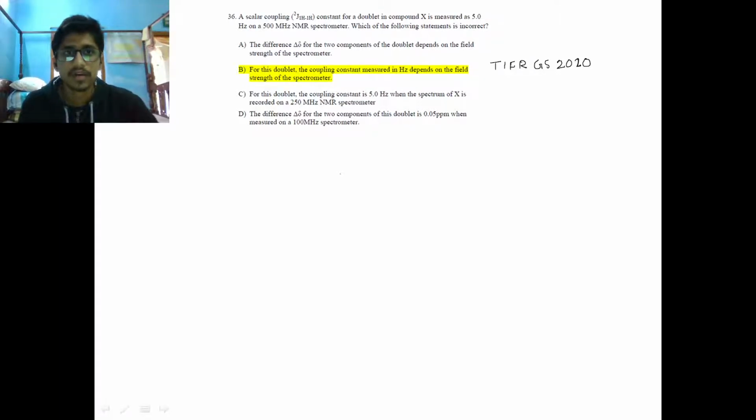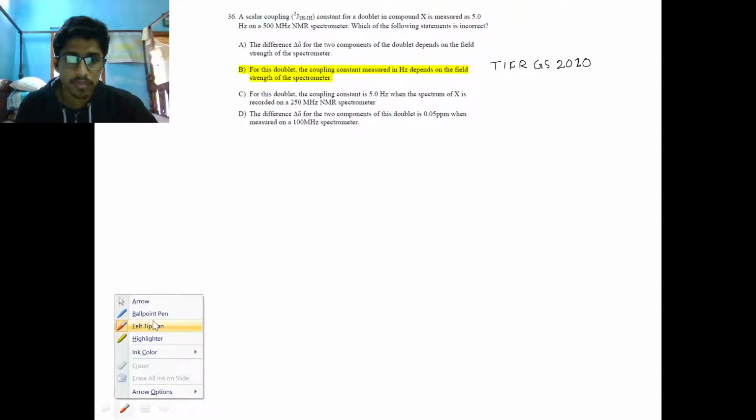See, what's the problem? The problem says a scalar coupling, basically 2J coupling, constant for a doublet in compound X is measured at 5 Hz on a 500 MHz NMR spectrometer. Which of the following statements is incorrect?